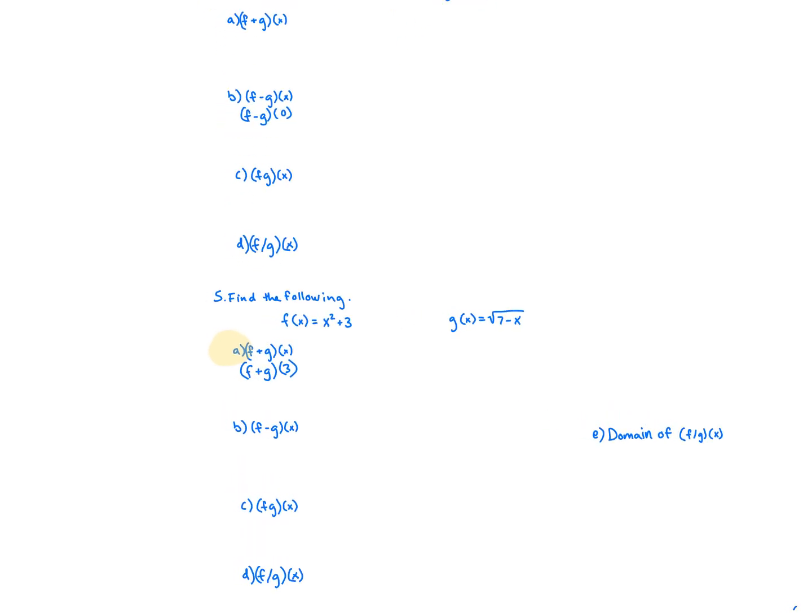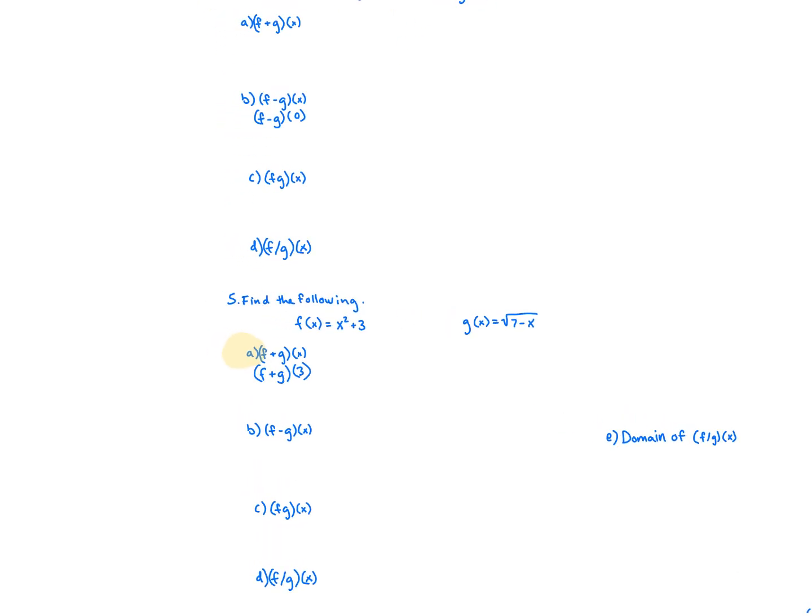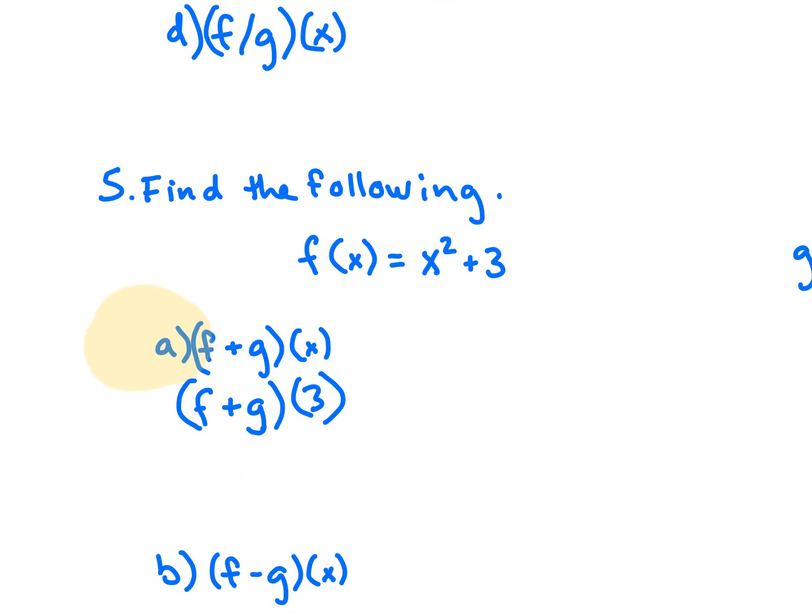All right. Let's look at number 5 next. So here we have a combination function where we're going to add, subtract, multiply, whatever it asks us for our two functions. I'm not going to worry about f plus g of x. Let's just say this question only asks us for f plus g of 3.